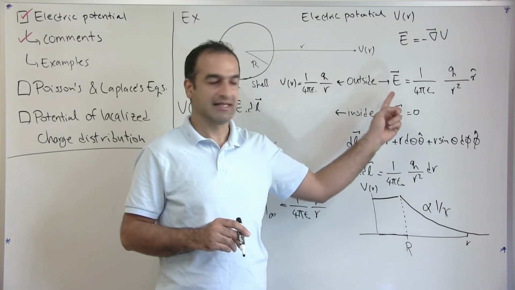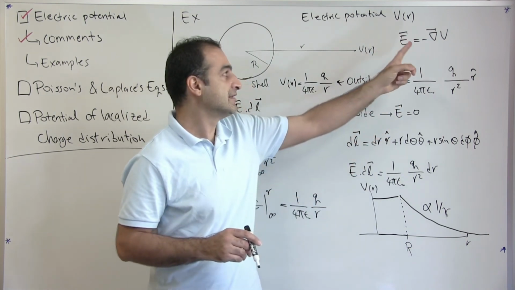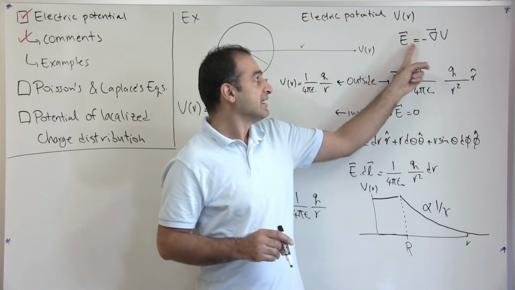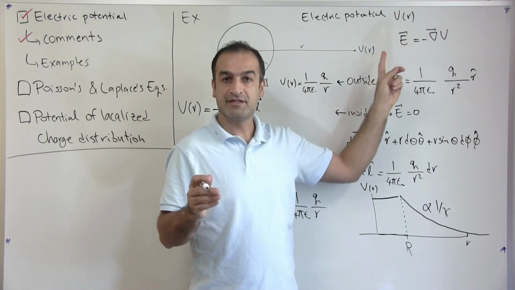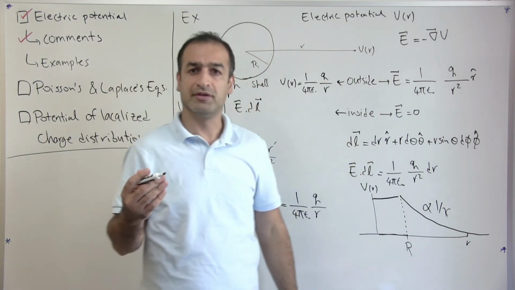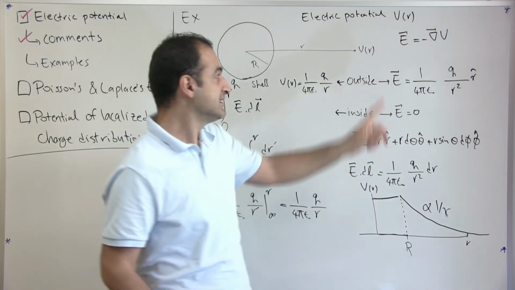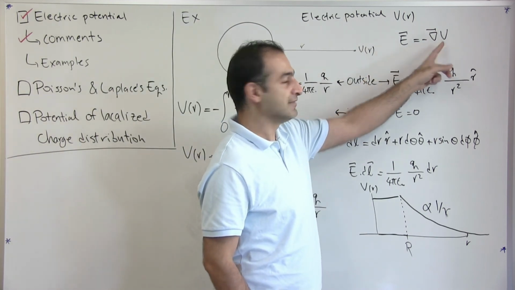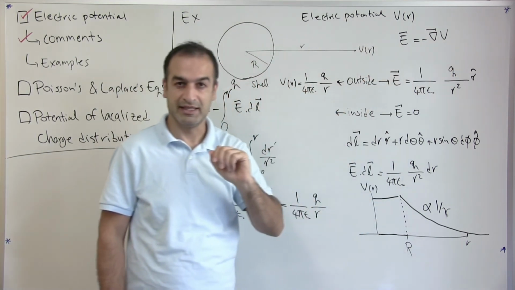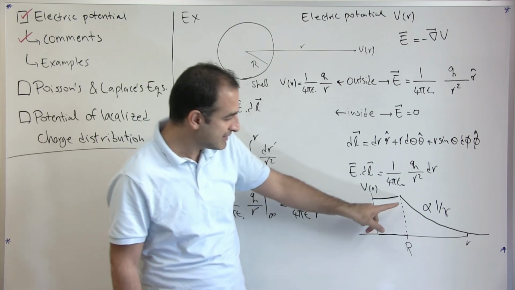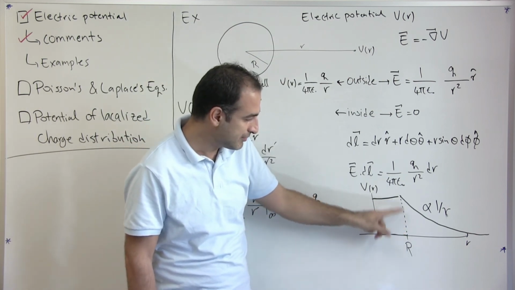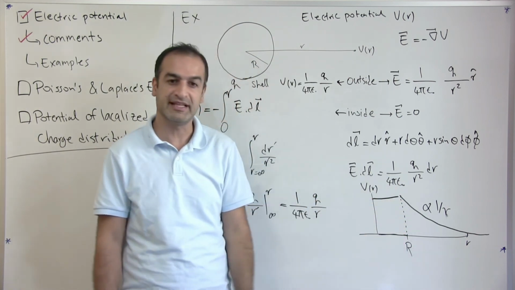That comes exactly from this definition again. Electric field, which is a physical quantity, proportional to force, is a derivative of the electric potential. Now imagine if you have discontinuity in electric potential right at the surface, what happens?